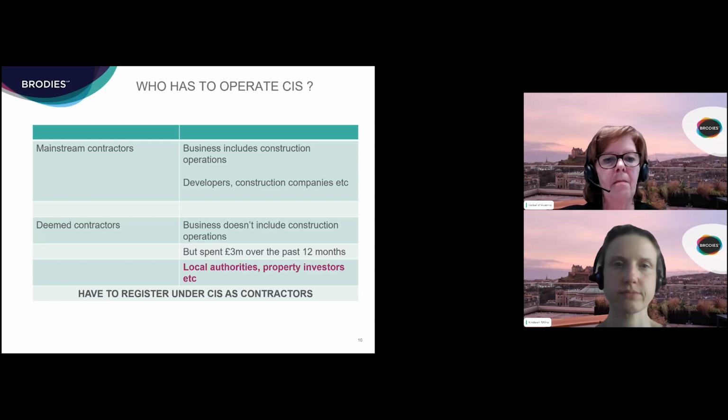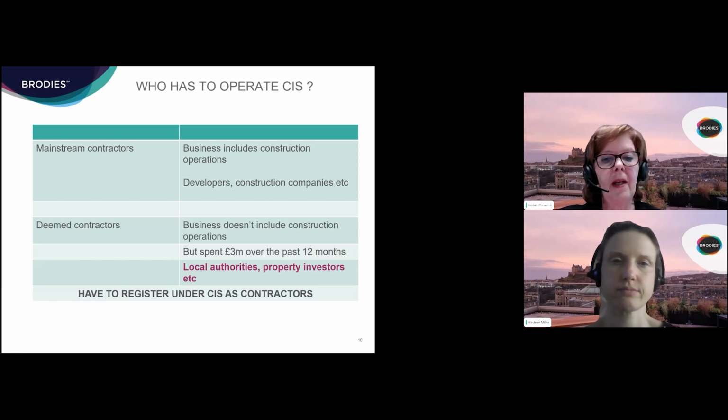But as Kirstine mentioned, there are also others who are deemed contractors. Their main business isn't construction operations, but they've spent £3 million over the past 12 months on construction services. This deemed contractor camp can include local authorities, property investors, normal businesses, and so on.